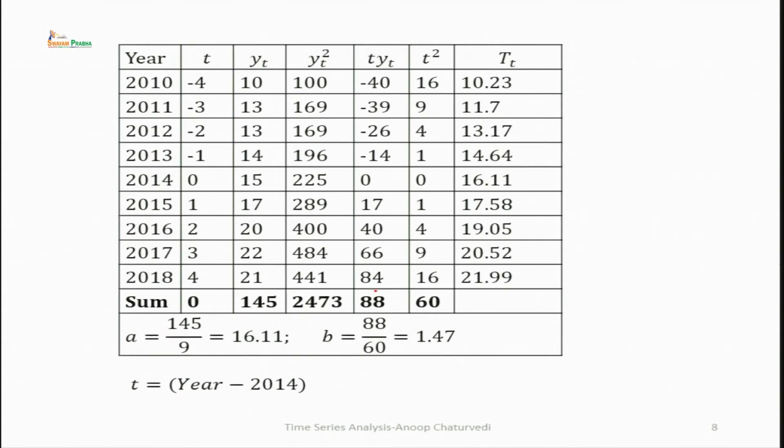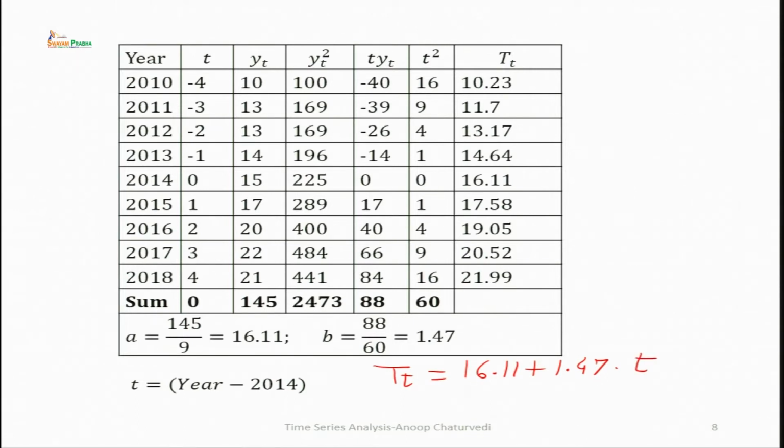So, you take the sum of this column, which is 88, divided by the sum of this column, which is 60. So, b is equal to 1.47. So, your trend line is now T t is equal to 16.11 plus 1.47 into t.